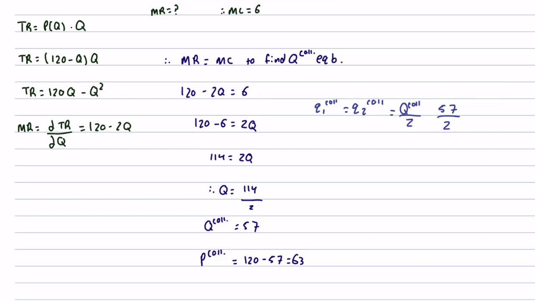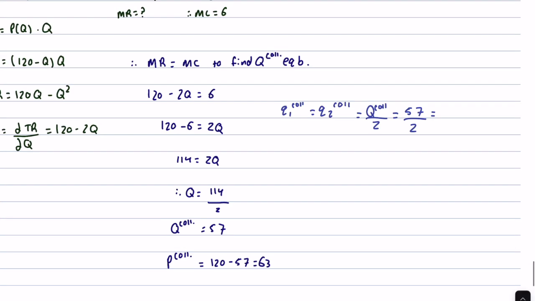Q collusion over 2, which is equal to 57 over 2, which is equal to 28.5, right? Perfect. So Q1 collusion is going to be equal to Q2 collusion. These are lowercase q's, which is equal to big Q collusion over 2, right? It's the market output divided by the number of firms working together, which in our case is 2, which is equal to 57 over 2, which is equal to 28.5, right?